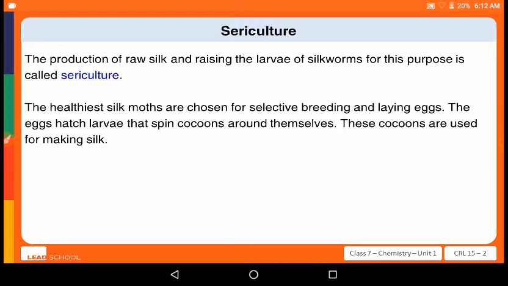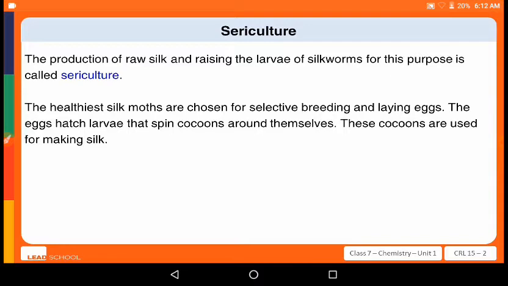And then they use their saliva to make a structure around themselves, they will make the structure on their own, which is known as a cocoon, right? And they stay in it for 3-4 weeks, then from the cocoon we get the pupa, right? The silkworm stays inside the cocoon for 3-4 weeks and this stage is called pupa. The silkworm stays inside, and when we boil the cocoon, we get the silk thread from it. Then the silkworm breaks the cocoon and becomes an adult moth, and finally it will do the same process again by laying eggs, and then again the same process of larva, cocoon, pupa and then adult moth.